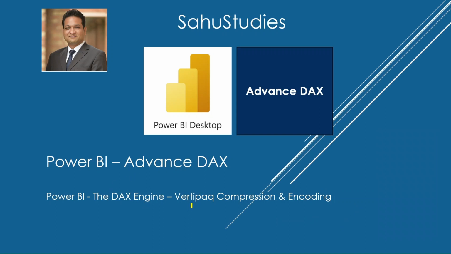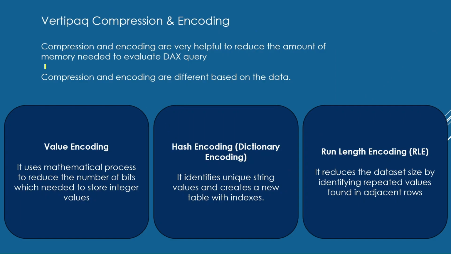In this video, we are going to discuss VertiPaq compression and encoding in Power BI. Compression and encoding are very helpful to reduce the amount of memory needed to evaluate the DAX query. As we know, Power BI uses a columnar data structure to store the data in memory.